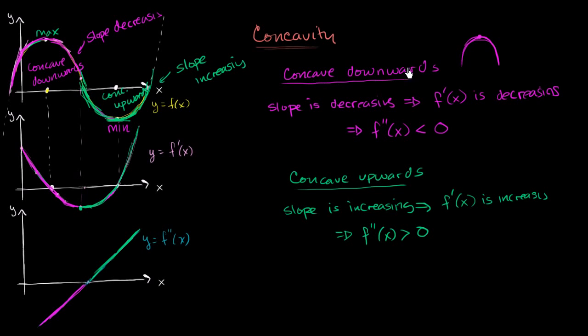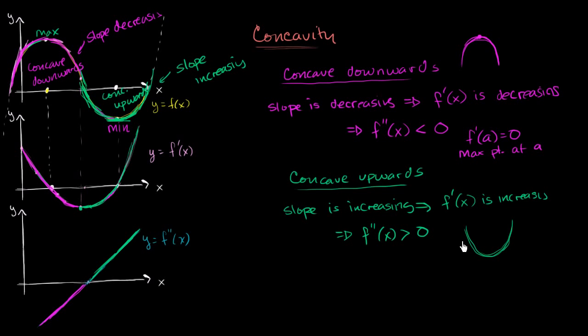So if you're concave downwards and you have a point where f prime of, let's say, a is equal to 0, then we have a maximum point at a. And similarly, if we're concave upwards, that means that our function looks something like this. Obviously a critical point could also be where the function is not defined.